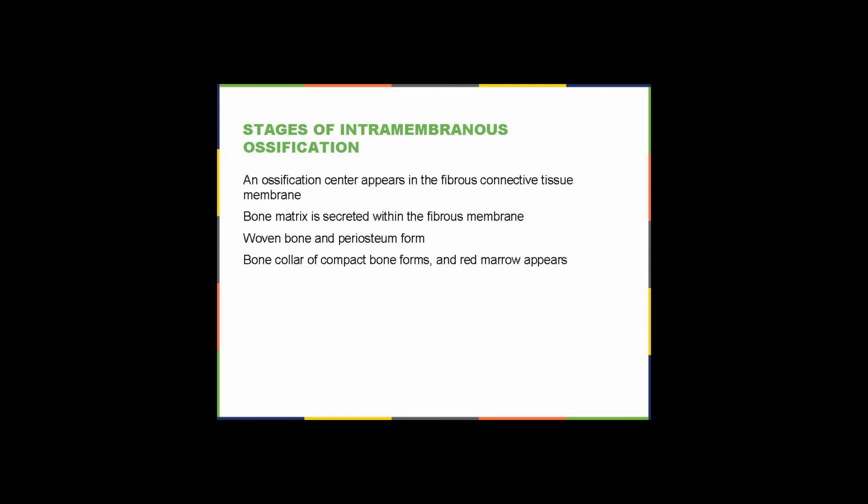Then the spongy bone condenses on the outside and becomes the periosteum. And from the periosteum, we'll then form our compact bone that's on the very outside of spongy bone.